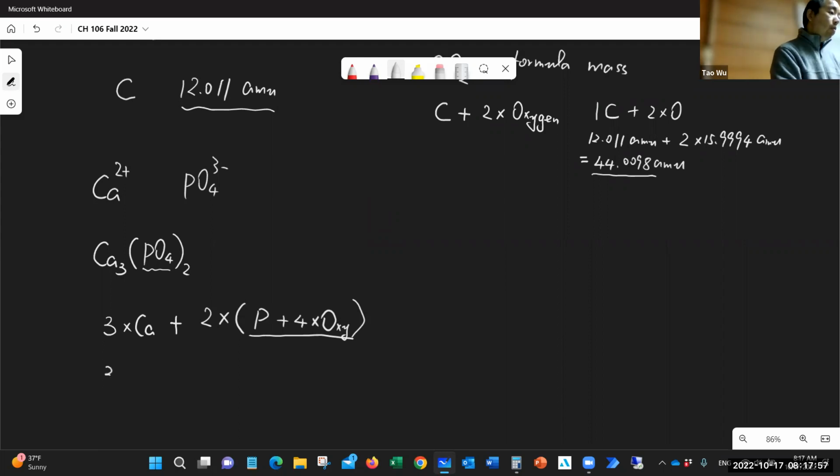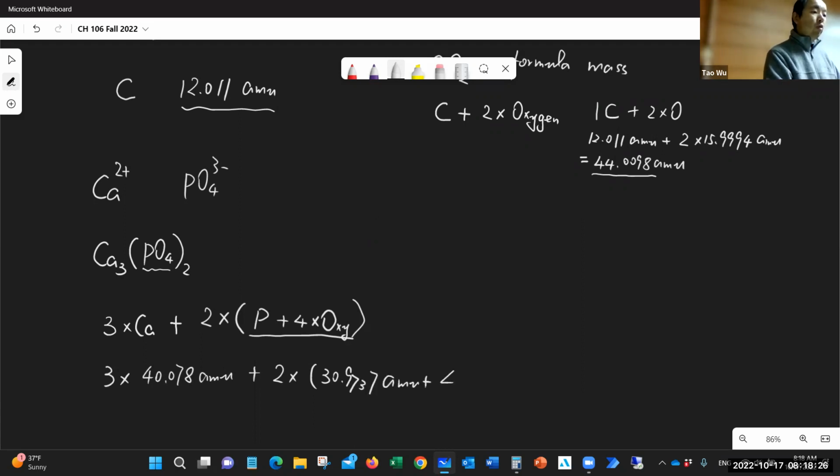So now calcium is 40.078 AMU, plus 2 times phosphorus. Phosphorus is 30.9737 AMU, plus 4 times oxygen, 15.9994 AMU.